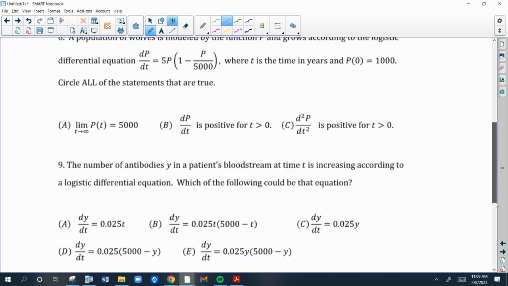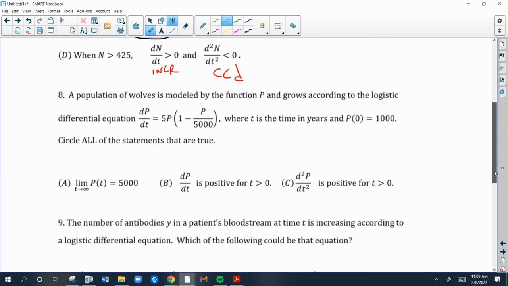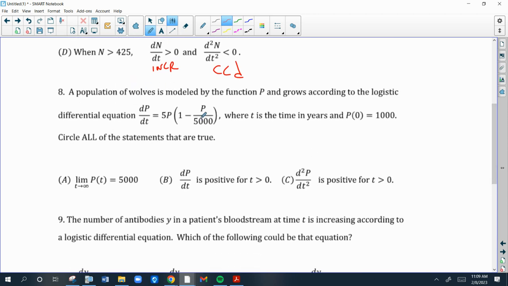So we have 3 more. I'll do these quickly here. This is a logistic equation. It's in the correct form, the form we're used to. The initial population is 1,000, which is less than half of the carrying capacity of 5,000. So this is true. Just refer to the last question.